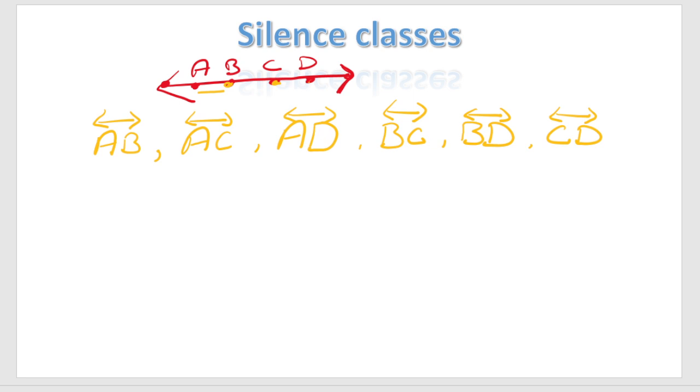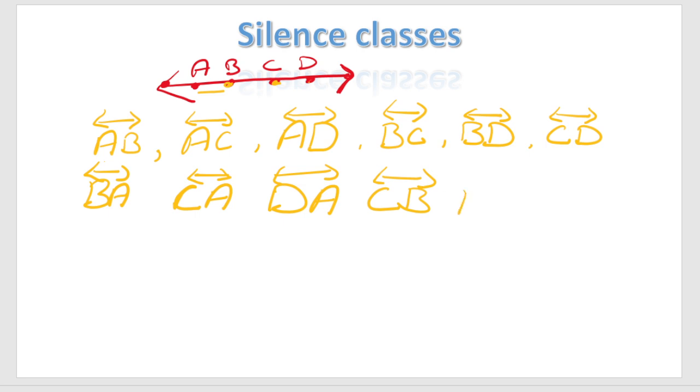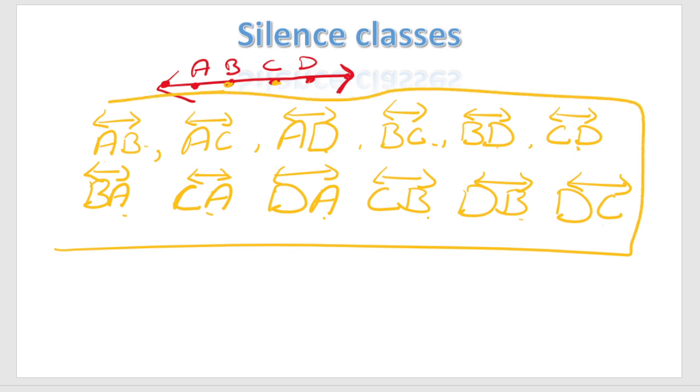6 lines. As we have taken AB, we can also take BA like this. We can take CA, DA, CB, DB and DC. 1, 2, 3, 4, 5, 6, 7, 8, 9, 10, 11, 12. All the 12 lines are there, I have written them over here.